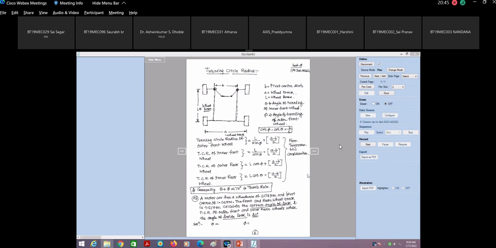He is saying inside, so he has given us theta. So theta is given as 40 degrees, and he is asking us to find out phi. Please try to get the answer for this particular problem. I will just change the page.